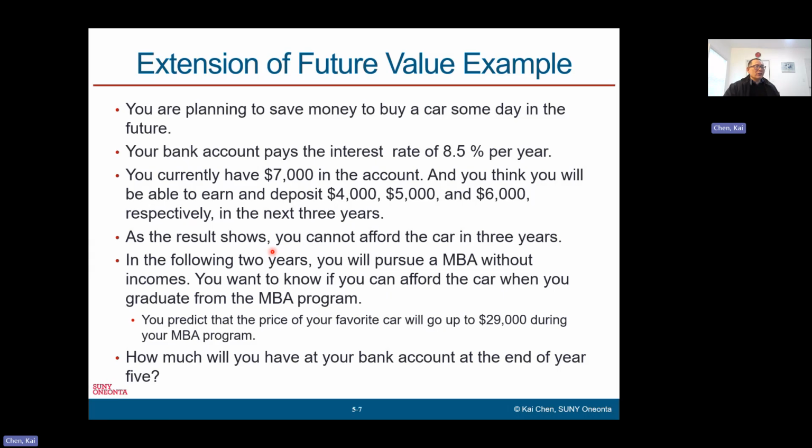As the result shows, you cannot afford the car in 3 years. Then in the following 2 years, you will pursue an MBA without income. Because you're going to be a full-time student, you are not going to earn money, so you will not have money to deposit into your bank account. You want to know if you can afford the car when you graduate from the MBA program.